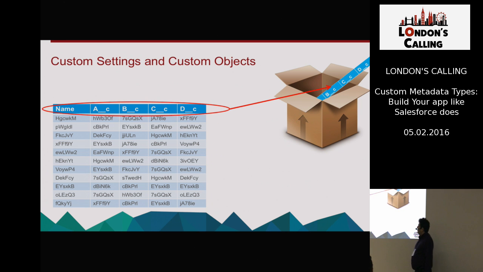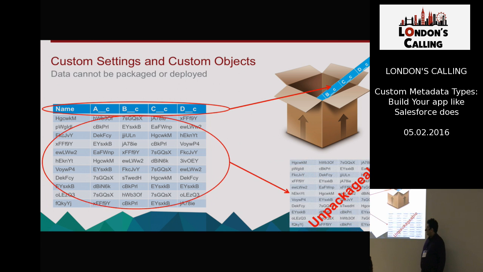The thing about custom settings and custom objects is you can deploy or package that header information: the list of fields, the type of each field, all that sort of stuff. But if you're building your application by populating these things, you can't package all of this. You can package warranty, but you can't package individual warranties.